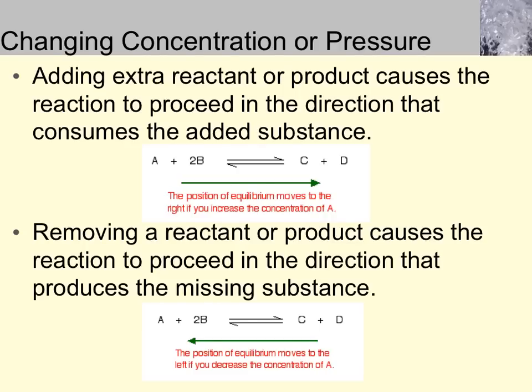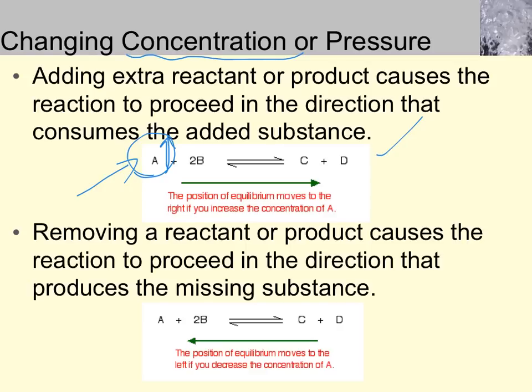Let's talk about changing concentration first of all. So let's look at a generic reaction, and let's imagine that we added extra concentration on the reactant. So I've got equilibrium established, I dump in extra A. What's going to happen? Well, there's too much reactant, so what can this reaction system do to use up that extra reactant that I just dumped in?